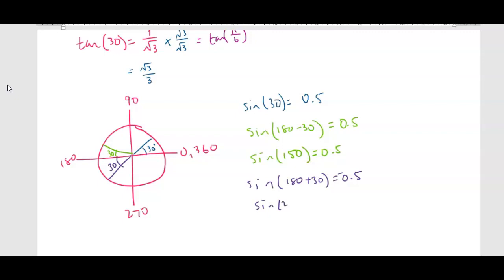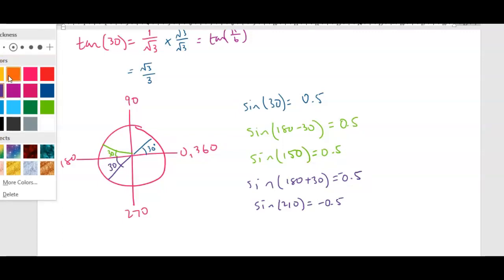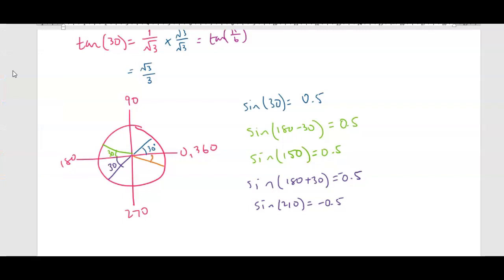So sine 210 is negative 0.5. And then in our last quadrant, what color can I do? Orange. Sine, we've got 360 minus 30 is equal to negative 0.5. So sine of 330 equals negative 0.5.